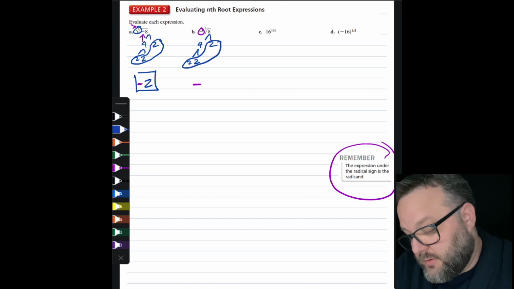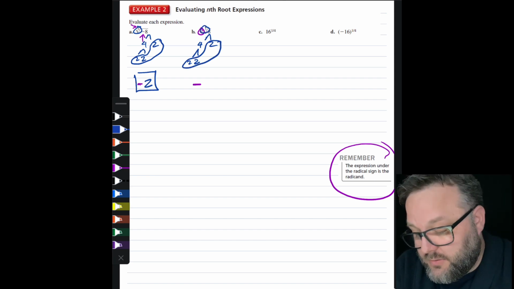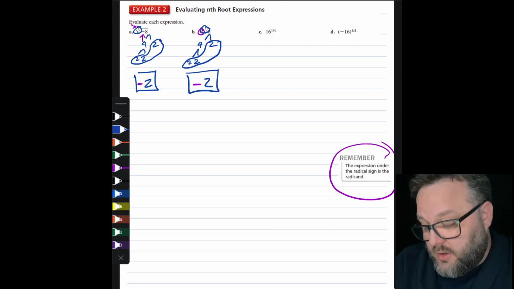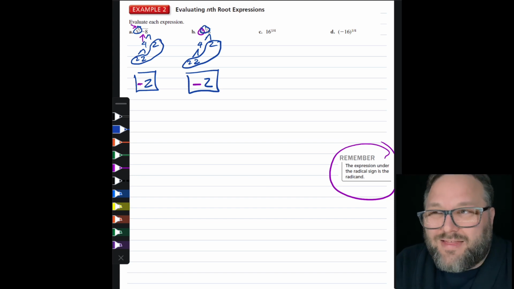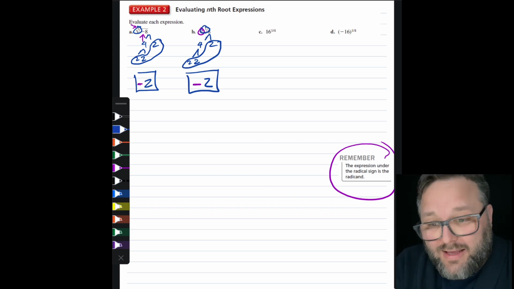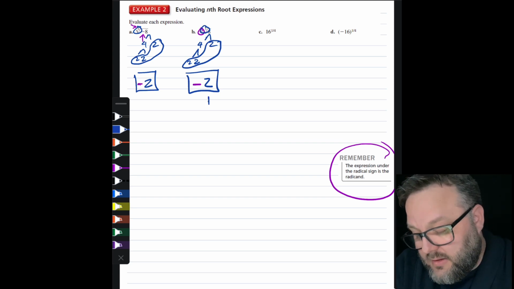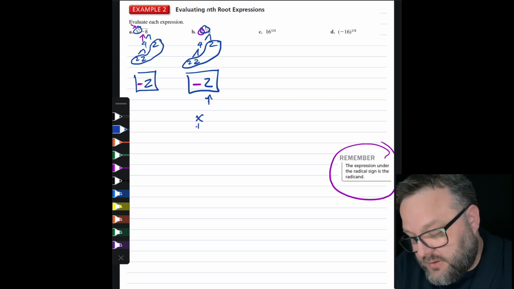I have 3 2s. That 3 told me how many 2s, or whatever number, I needed. Put them together. So the cube root of -8 and the negative cube root of 8 are the same answer. Notice that on B, the answer is not plus or minus 2.